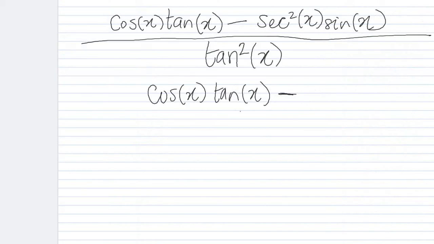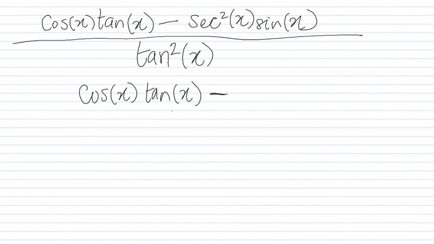But then here we have secant squared x. Just like secant squared x is the same thing as secant x multiplied by secant x, the same way 1 over cosine multiplied by 1 over cosine is going to give us 1 over cosine squared x.